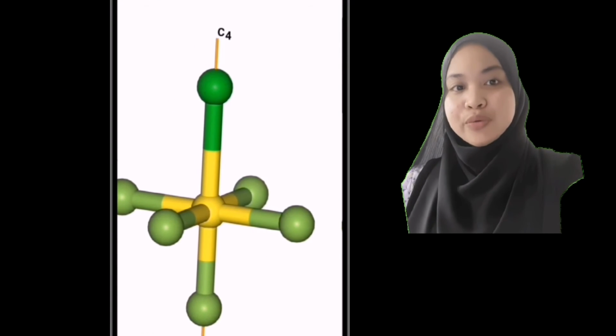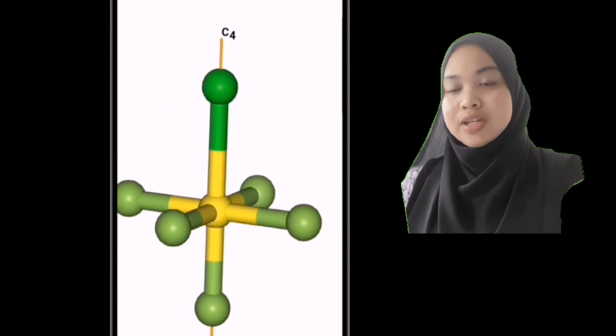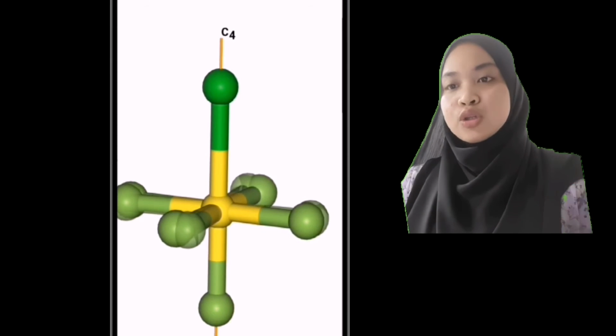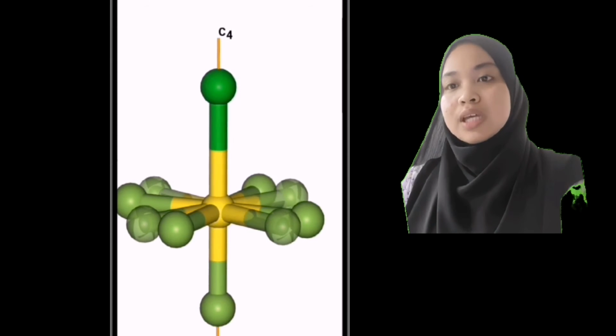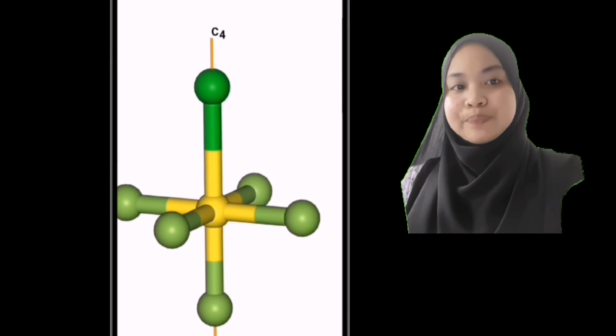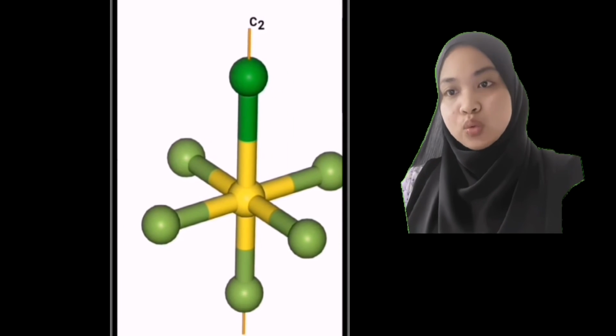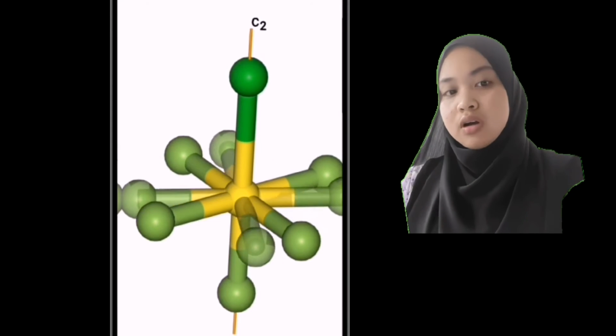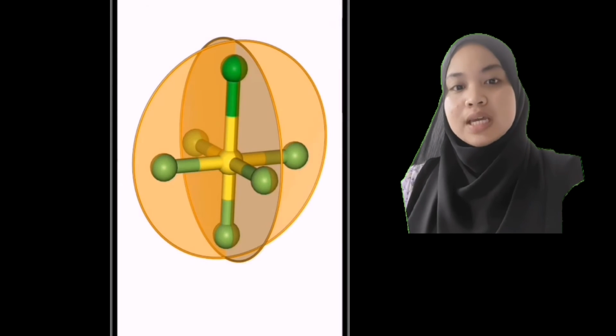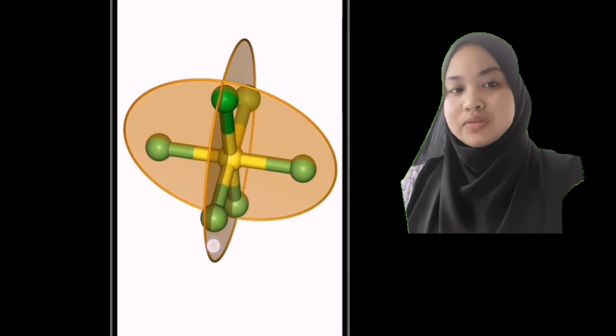Based on the video, we can see that the C4 rotation axis is along chloride and NH3, and it rotates 90 degrees. Okay, the rotation axis of C2 is the same as C4, but it just rotates 180 degrees.